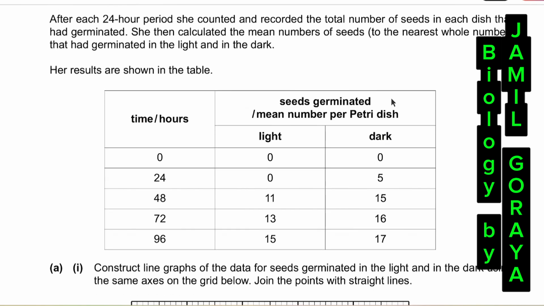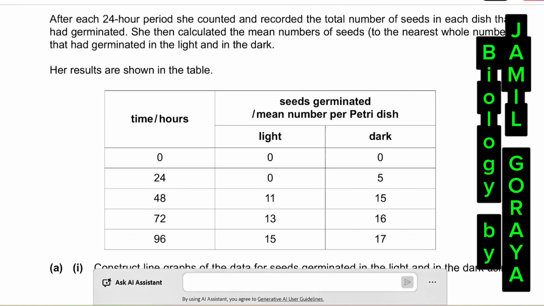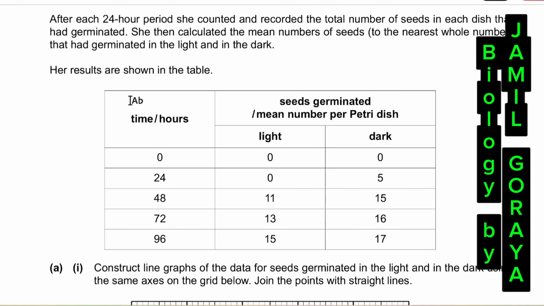In this line graph, we will be learning how to make a line graph of two different data. Rules are same. First of all, identify independent variable that is always on the leftmost column.